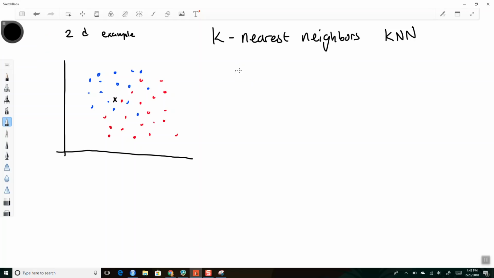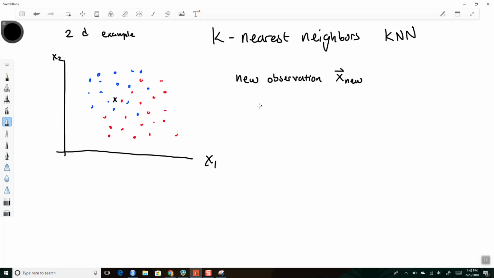You have your training data, and you have your new observation, x new. This would be our x1 and our x2.